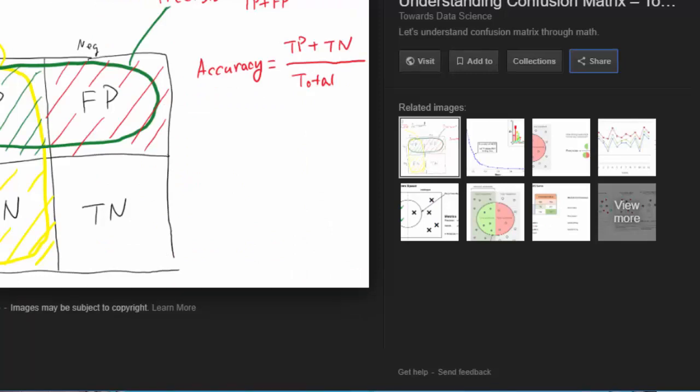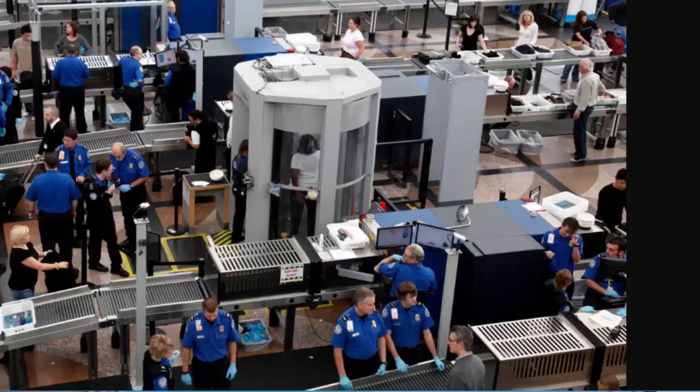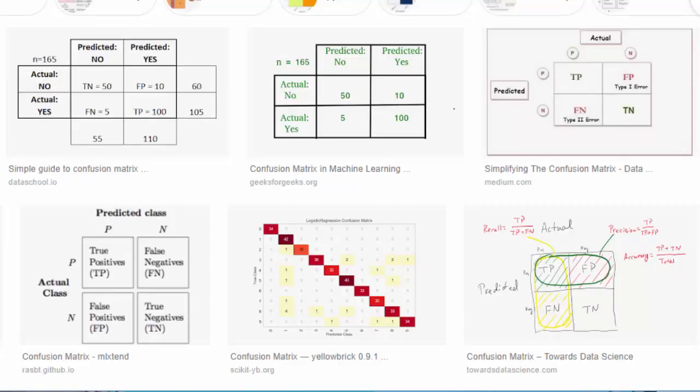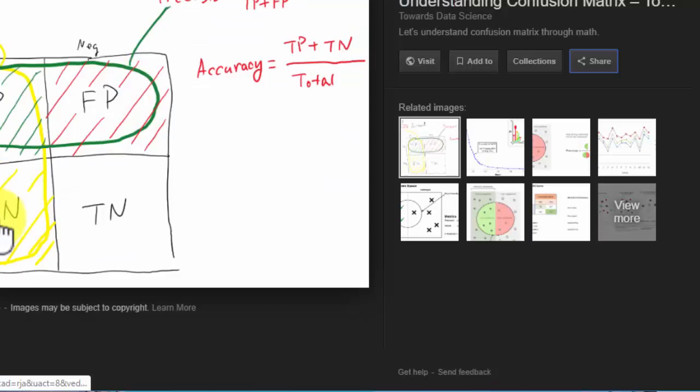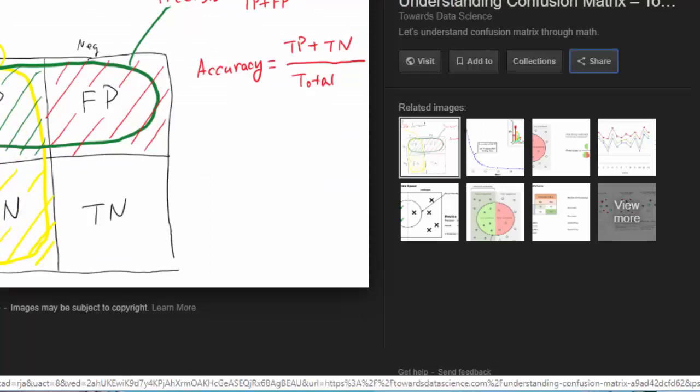And when it comes to picking which metric, the airport analogy that I alluded to earlier is a good one to think about which metric matters more and which one you want to prioritize based on the context of what you're dealing with. So again, in this particular context, with terrorists getting through, you really don't want that to happen. You don't want that false negative, and therefore you want to prioritize having a high recall, a low false negative rate.